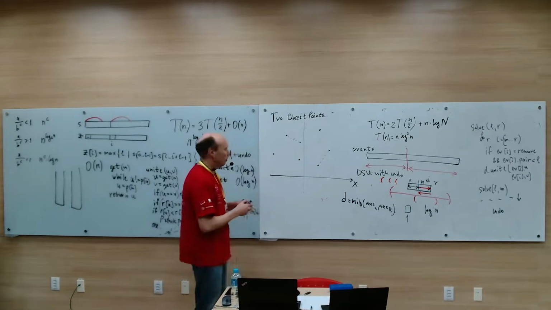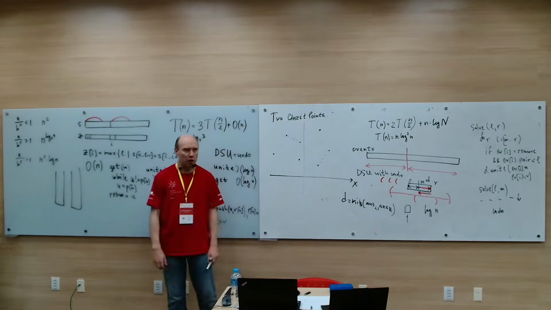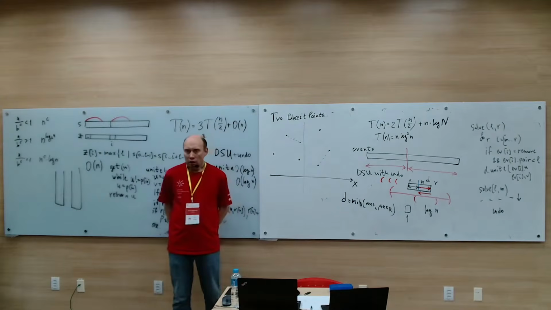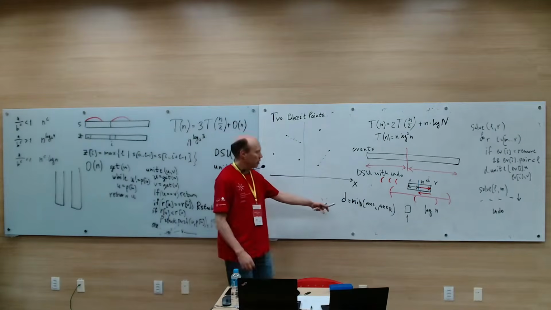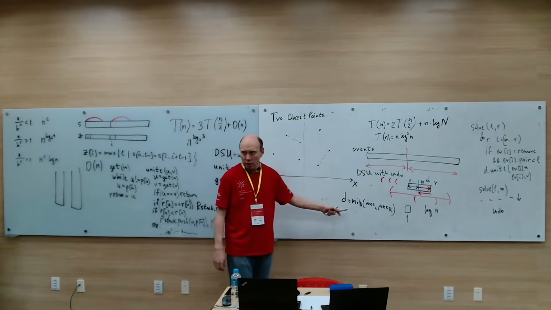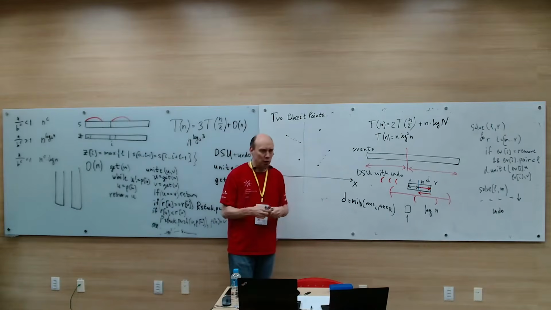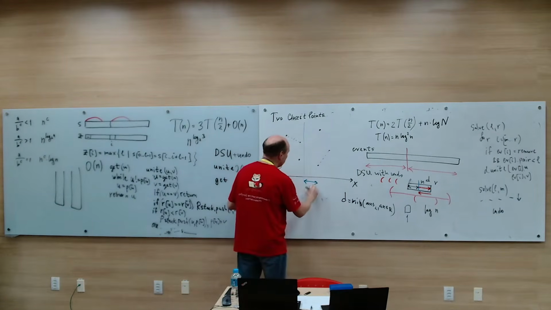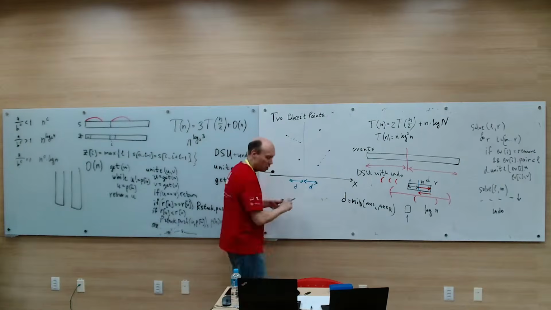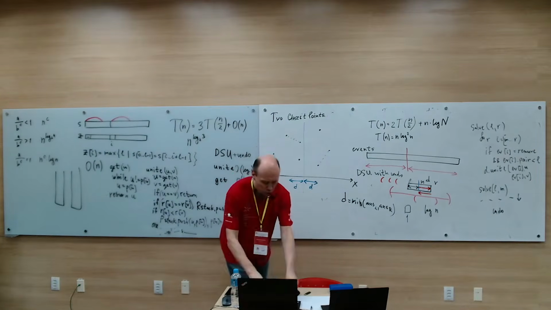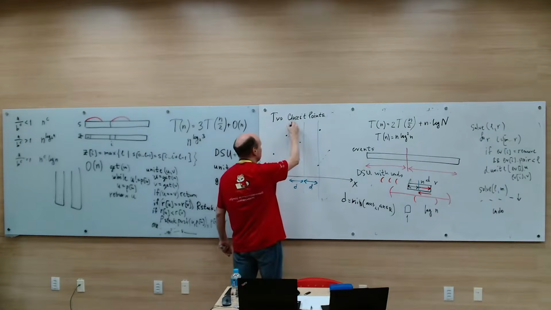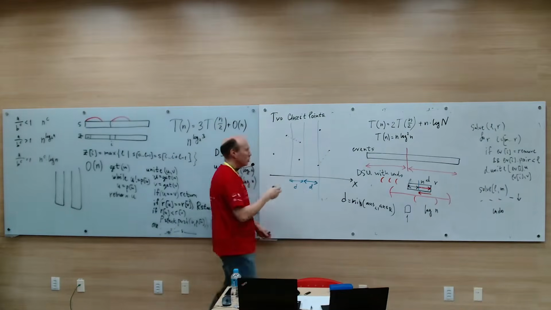First of all, the only candidate points we would like to consider are not further away from this line than d, because otherwise they would definitely be more than d apart. So we measure d here, consider two stripes of width d, and only consider points there.